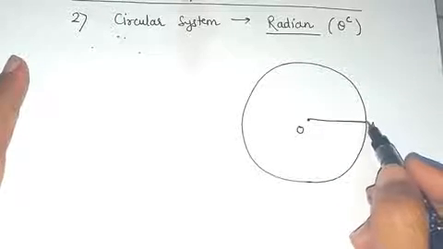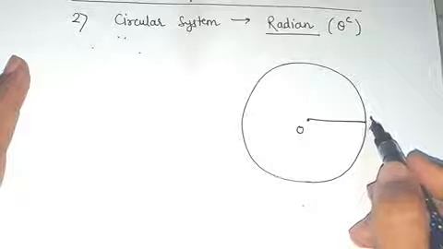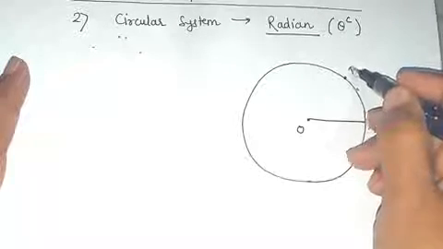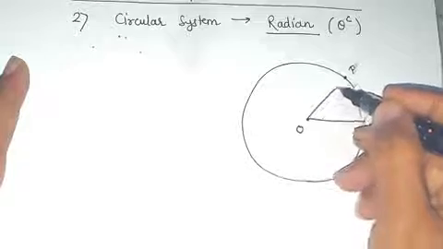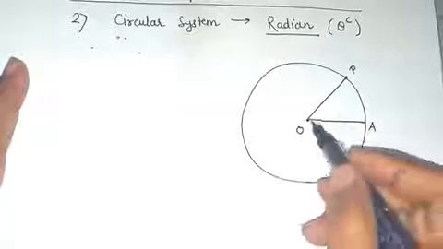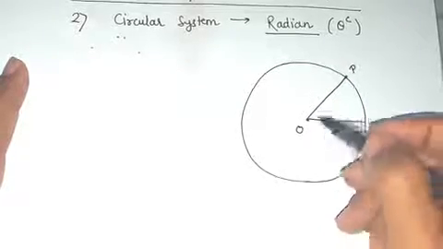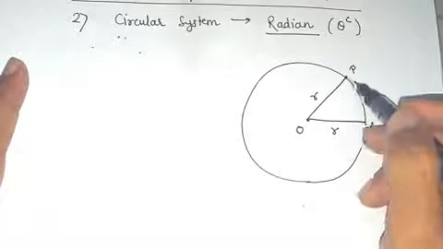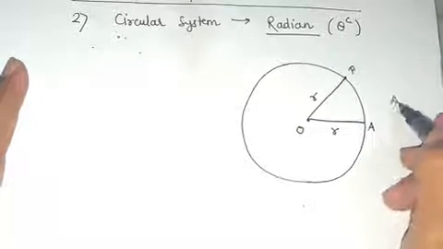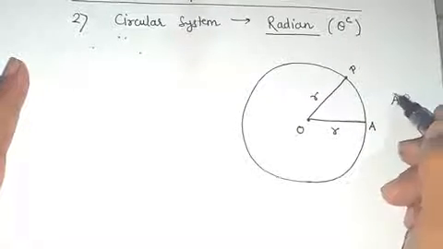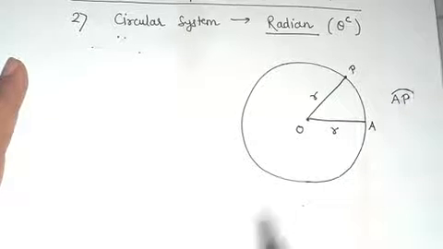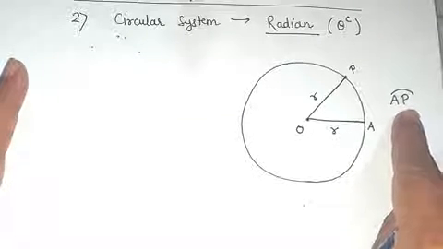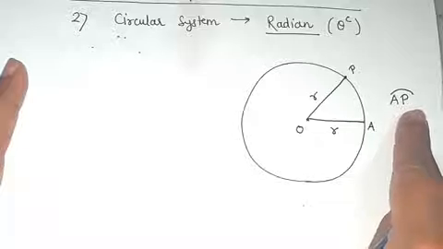I am drawing another radius at such a point P, where OA is R, OP is also R, and this AP is the arc, which is shown by AP is an arc. You have studied this type of symbol or representation in 9th and 10th class.